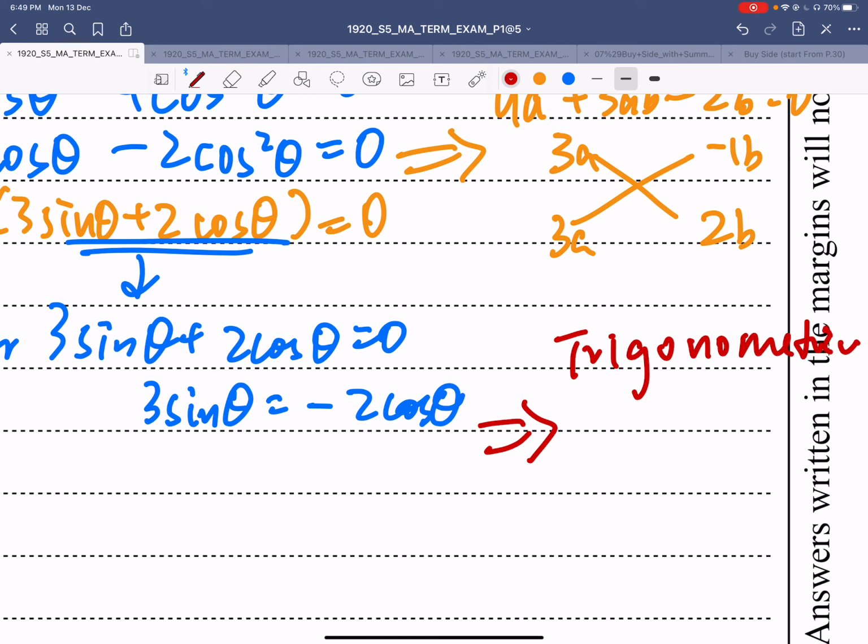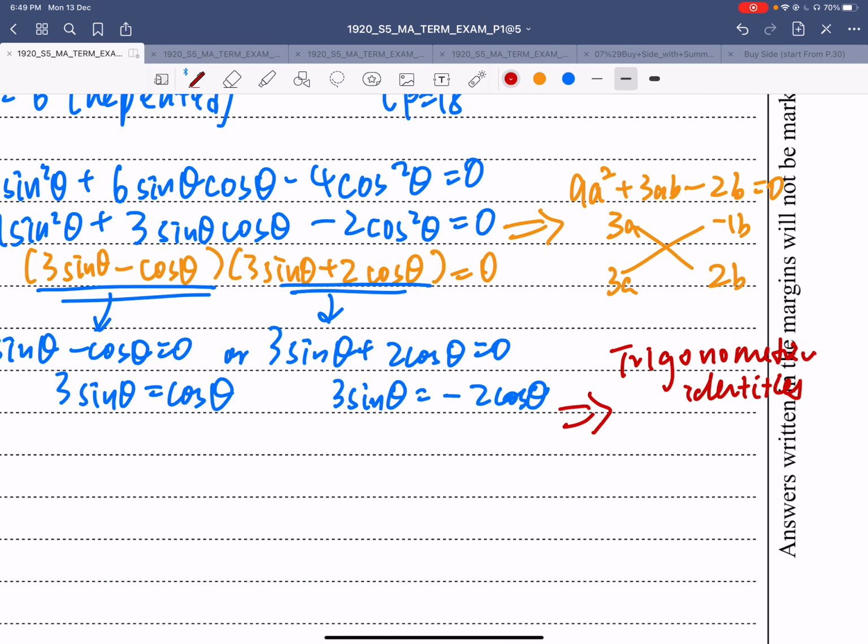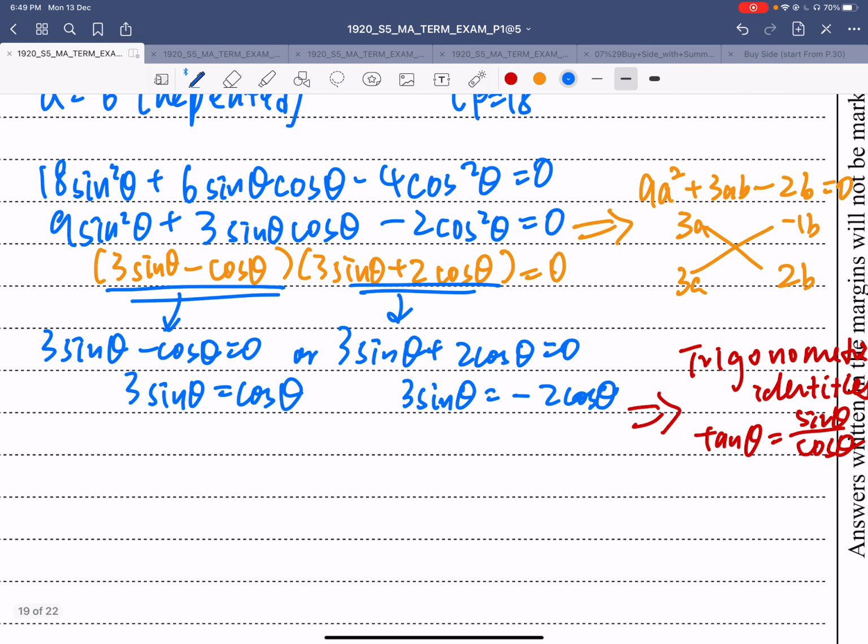We can use tangent theta equals sine theta over cosine theta. It's very simple. Divide both sides by cosine theta, then you obtain 3 tangent theta equals 1, so tangent theta equals 1/3.